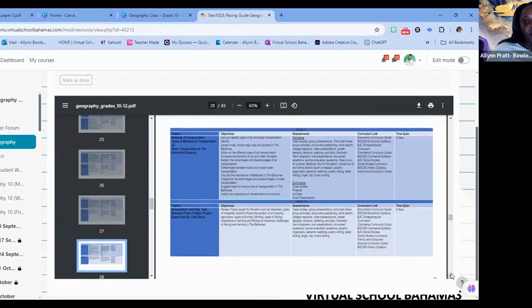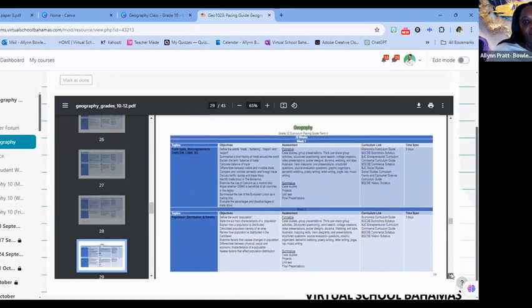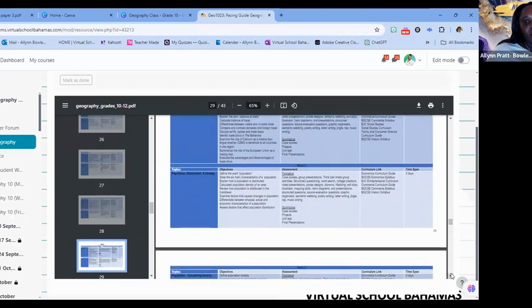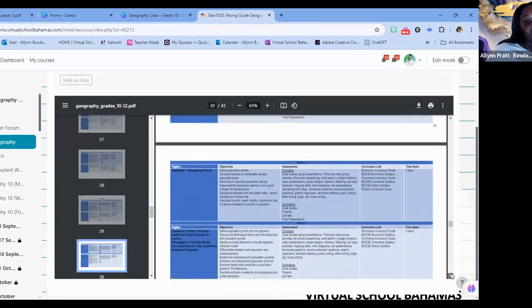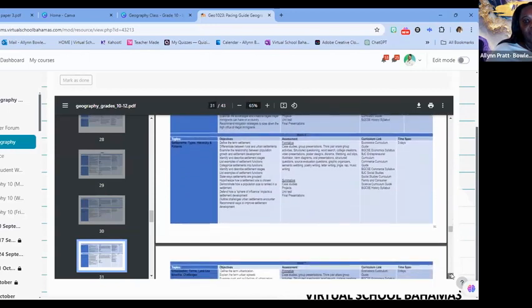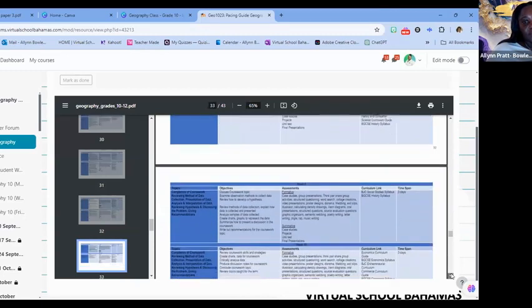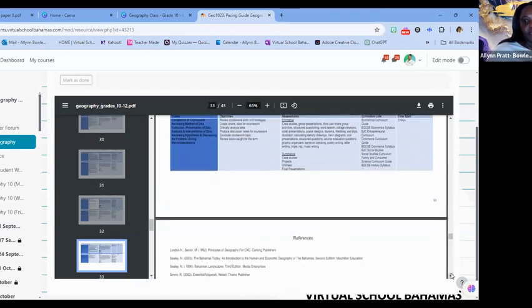And then grade 12 ends with CARICOM, those trade unions, population also, and then migration and settlements, urbanization, and then coursework. So those are the major topics that you have for geography. Not too many topics to cover, a little bit of dirt.